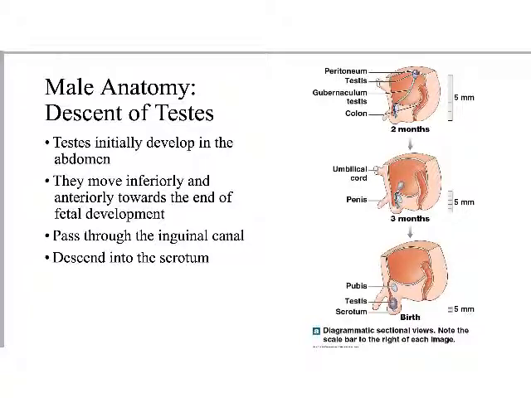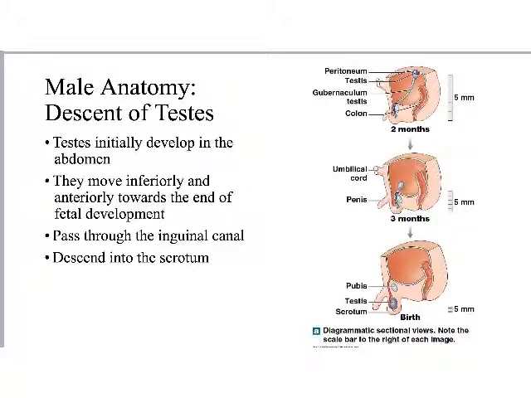Initially, the precursors to testes and ovaries are a gender neutral kind of organ, but under the influence of testosterone produced because of the presence of a Y chromosome, that generic gonad will become a testicle or two testes.